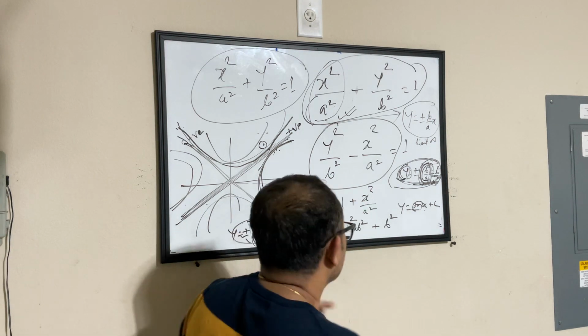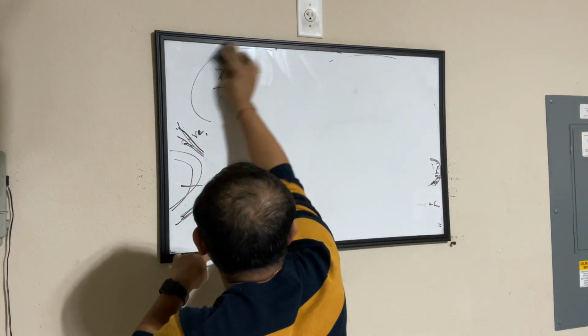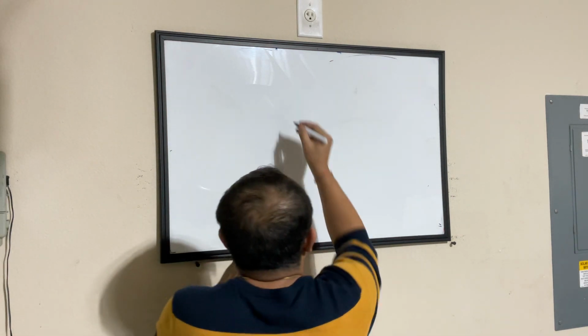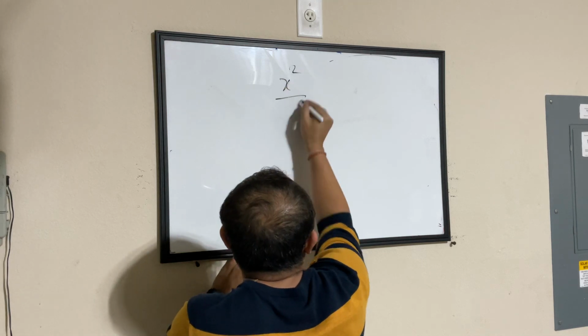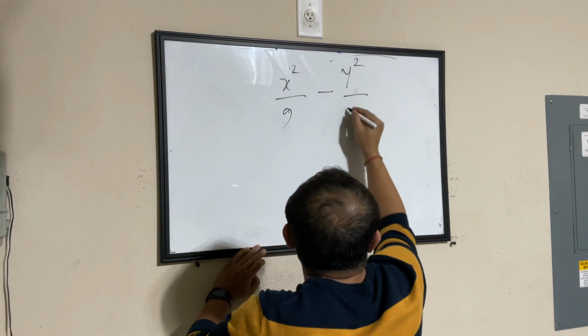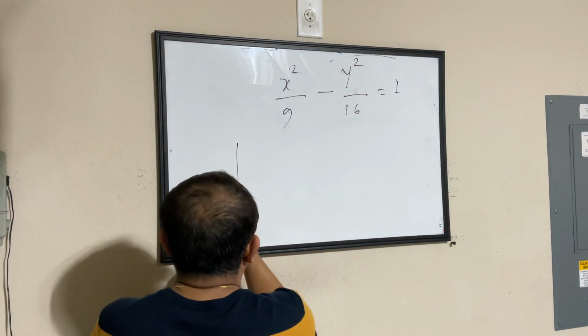Yeah. So now a very simple situation that you guys will deal with. You will be given a question, let's say something like this. That you have a hyperbola with the equation x squared by 9 minus y squared by 16 equal to 1, and you'll be given 4 pictures.